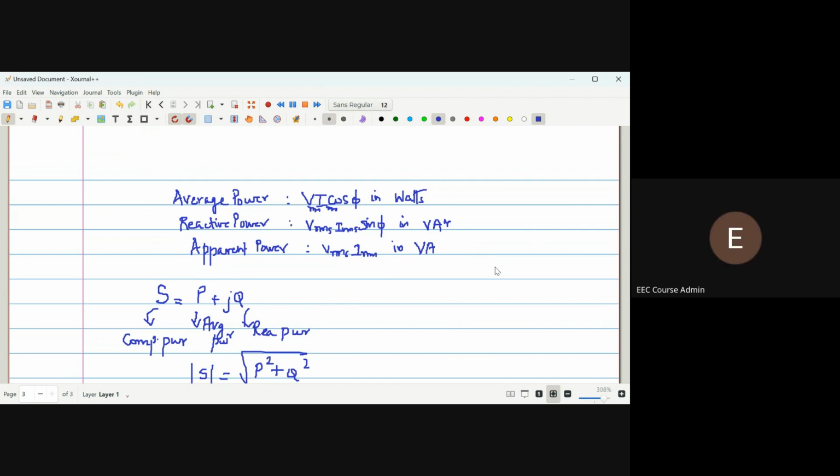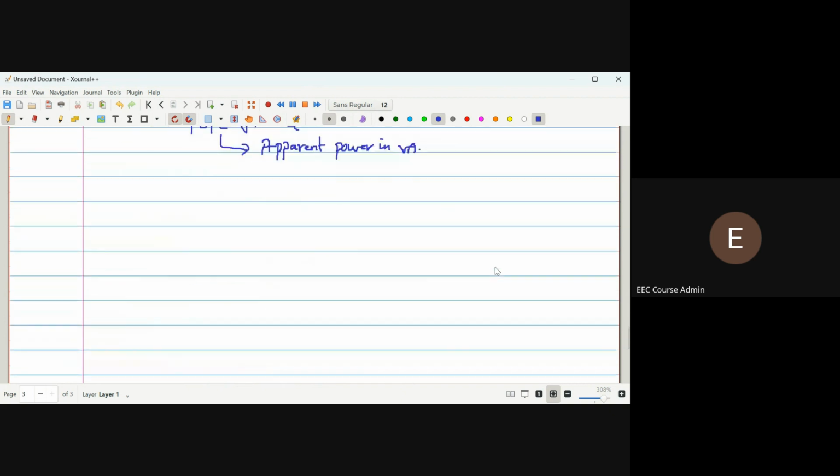Actually, it varies from minus 180 to plus 180. These are the things I told you. If you remember in the first class, the angles being measured: this is the 0 degree reference. Angles are measured positive in the anti-clockwise direction, so this will be plus 90, plus 180, plus 270, and here plus 360.